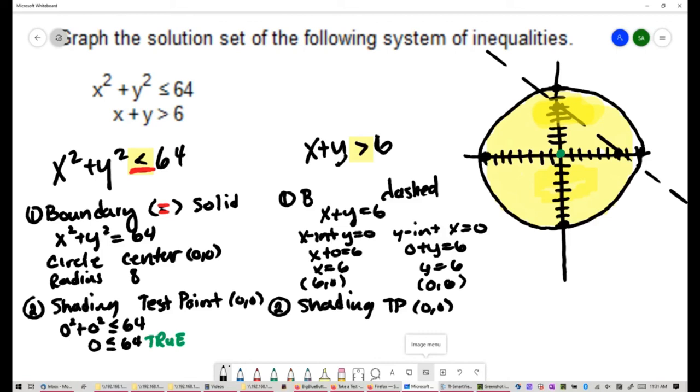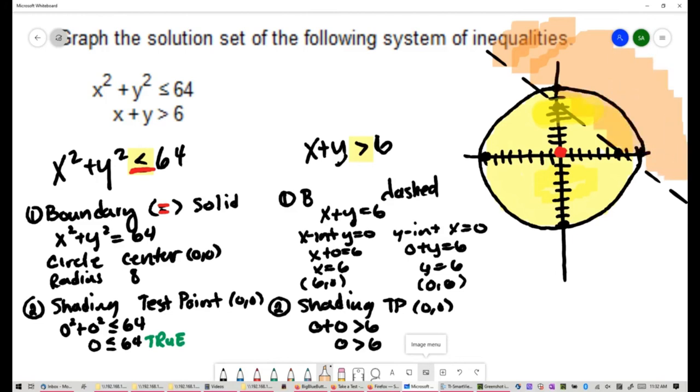So I'm substituting that into the inequality. 0 plus 0 is greater than 6. 0 is greater than 6 is false. So I used this as my test point, and it came out false. So that means that this side that's below that dashed line is not part of the solution set, and it's the part above the line that is. So going above that dashed line, we're going to shade.